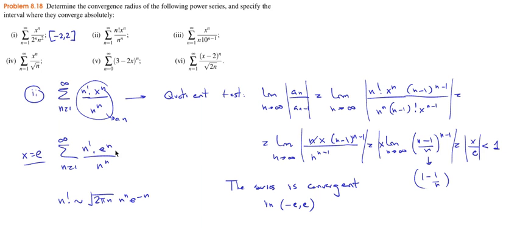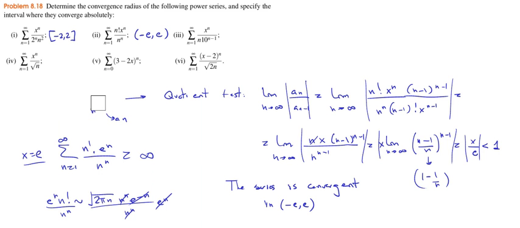So if we multiply it by e to the n divided by n to the n, we get this term is approximately equivalent to the square root of 2 pi n. So this is divergent, because this actually doesn't converge to 0. So this is convergent in (-e, e), open.